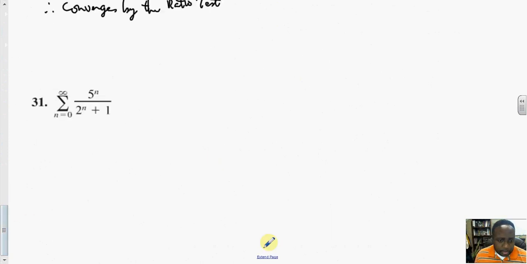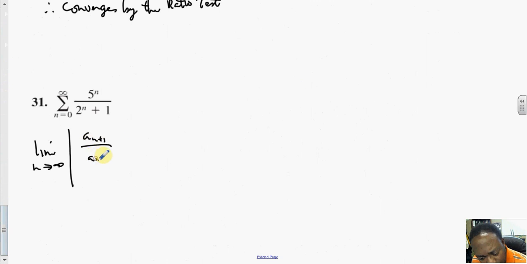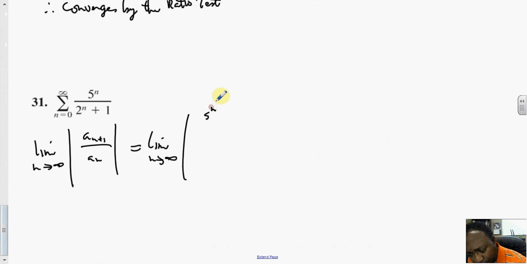One more, then we look at the root test. So we have the limit as n goes to infinity of the absolute value. Remember that this is the n plus 1 sequence divided by the nth term sequence. This is the limit as n goes to infinity of 5n plus 1 over 2 to the n plus 1 plus 1.